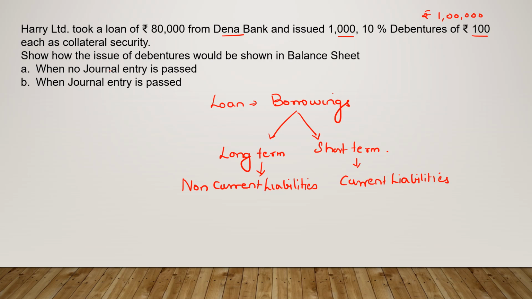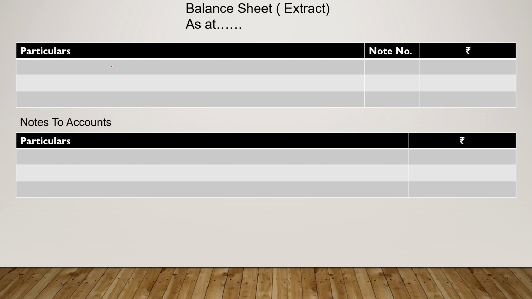So knowing this, we will now see how we show it in the balance sheet when no journal entry is passed first. When no journal entry is passed, we are just going to show it by way of detail. In the balance sheet of Harry Limited, we are showing just the extract as at the particular date. You have first the equity and liabilities side of the balance sheet. Under that, let us assume it is a long-term borrowing.